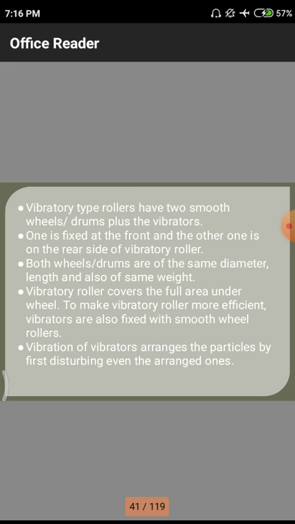Those are types of rollers we also see. For those rollers there are no vibrations, only weight. These same diameter rollers have vibration methods, but different diameter rollers have no vibration methods, they only move on a particular surface to densify the soil.